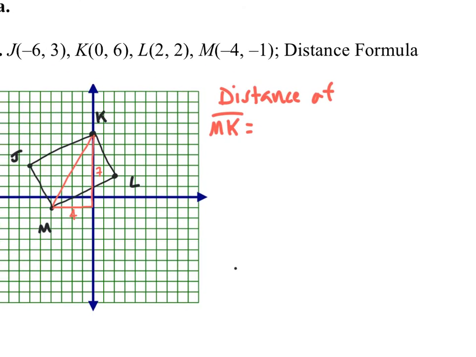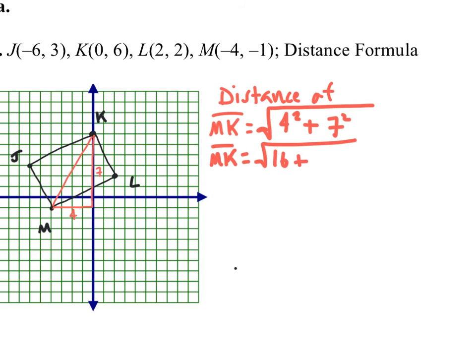And MK is going to be equal to the square root of 4 squared plus 7 squared. Okay, so then MK is equal to the square root of 16 plus 49. Which is going to give me a value of the square root of 65. Okay, that's what MK is.